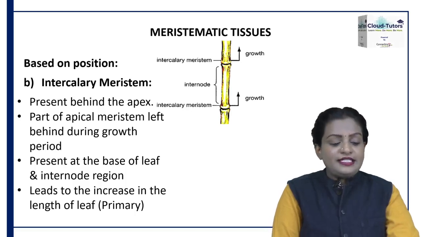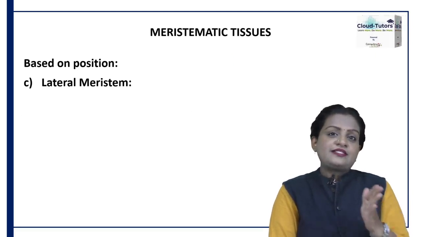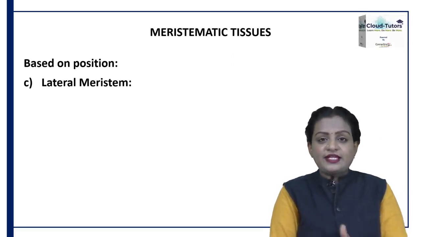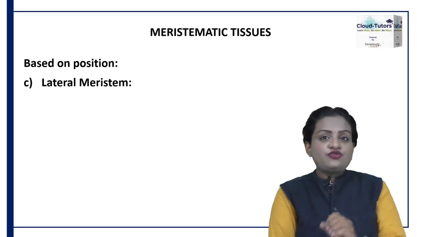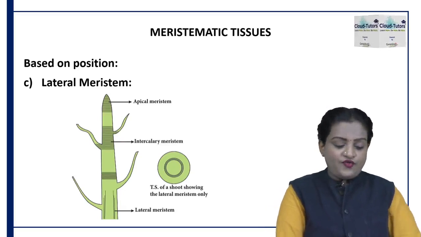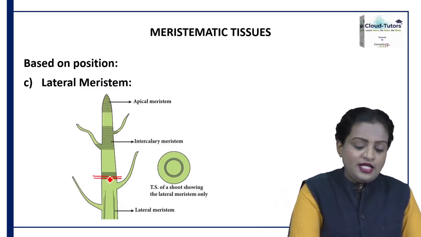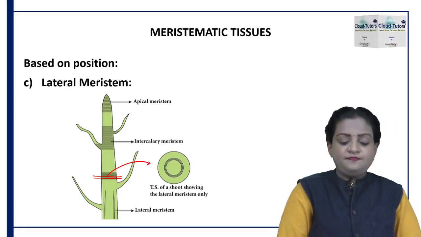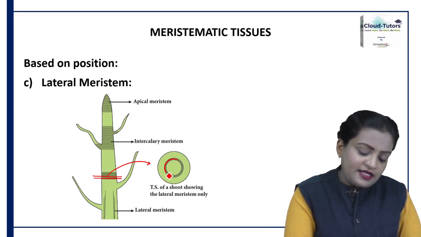Now coming to the third type, that is lateral meristem. Lateral as in sides. So where exactly sides is, they are arranged as cylindrical tissue in the stem. So if you take a section of stem like this section, and observe it under microscope. So you can find a ring-like structure.